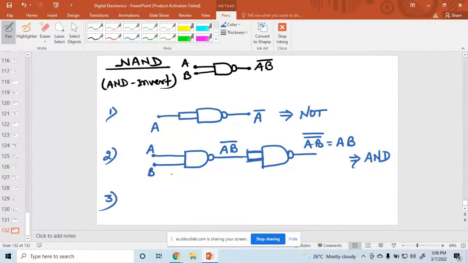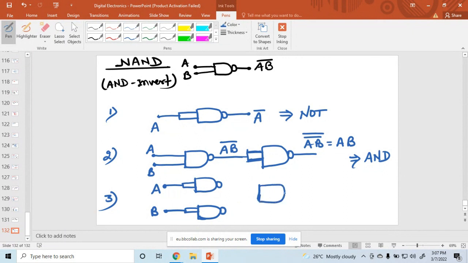And third, suppose I am using one NAND gate with input A, and another NAND gate with input B. Then again we apply a NAND gate.